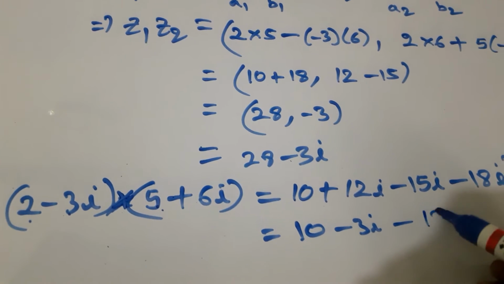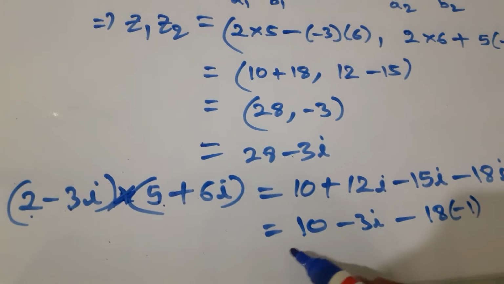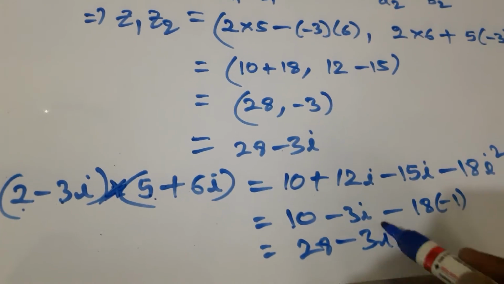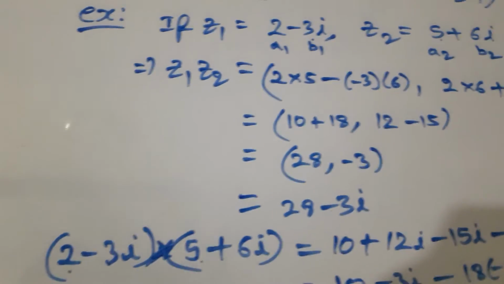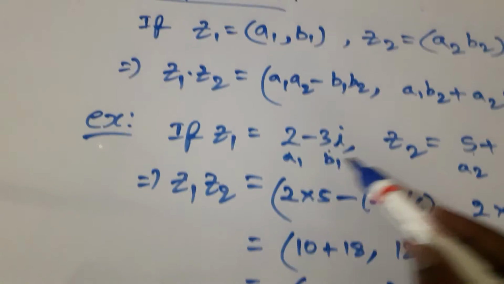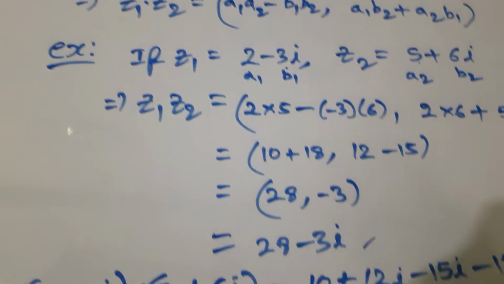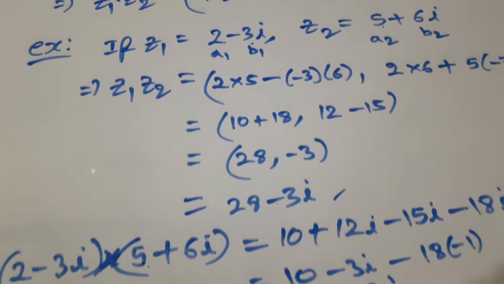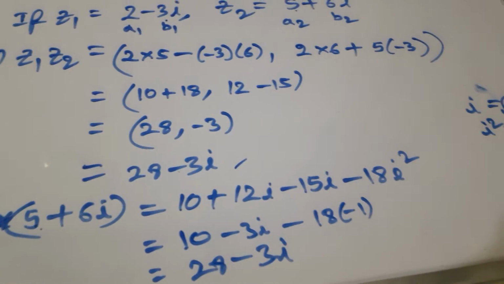This is minus 18 into minus 1, this is plus 18. Plus 10, 28. 28 minus 3i we are getting. You see, same answer we are getting using the ordinary multiplication. If you use this formula, same answer you will get. So as you wish you can do. This is multiplication between two complex numbers.